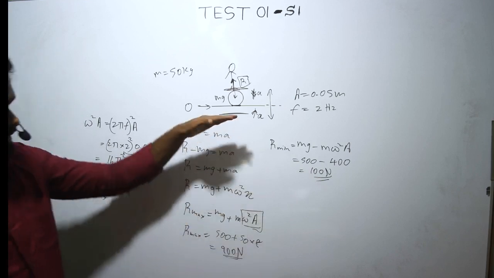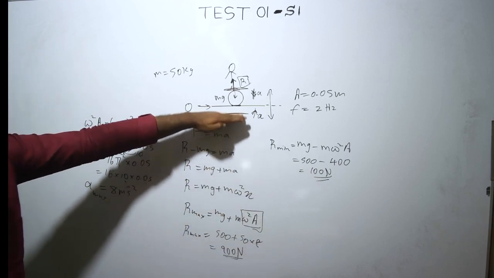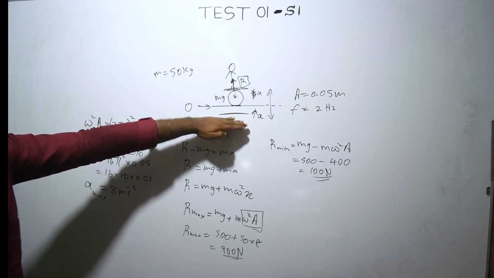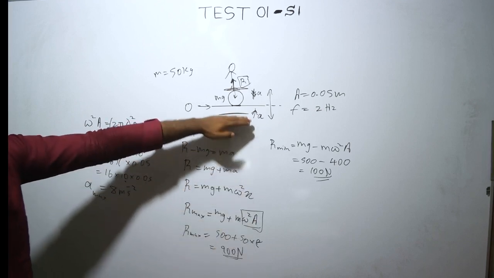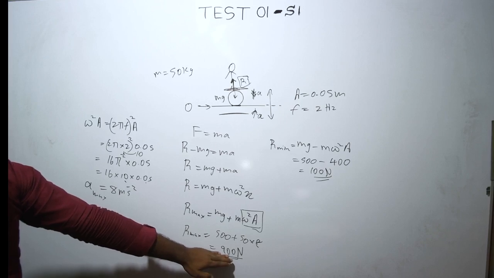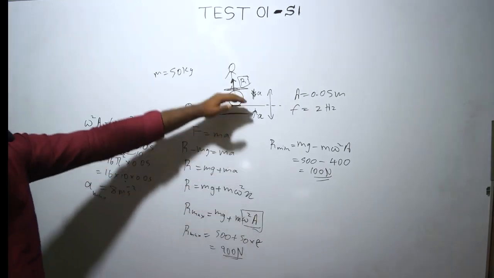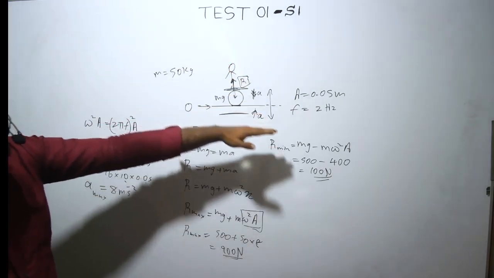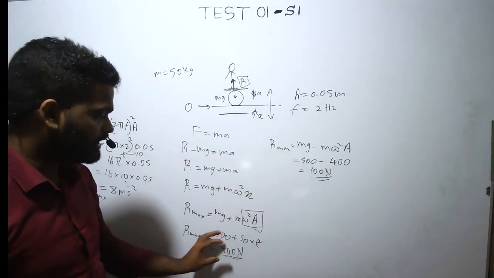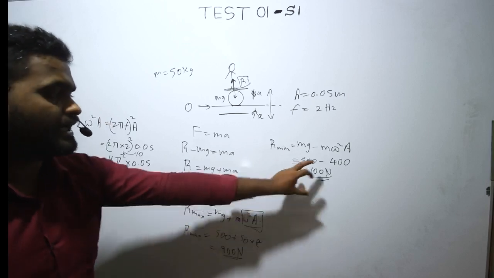Right? So at the bottom, at minus A, acceleration is upwards. So there we have 900 Newton. Then at the top, we have 100 Newton. So the value varies between 900 and 100, right?